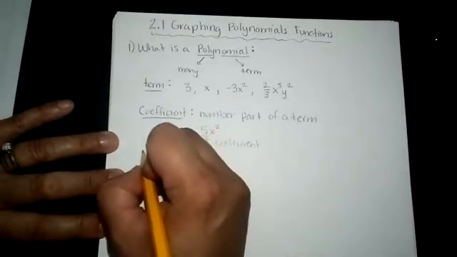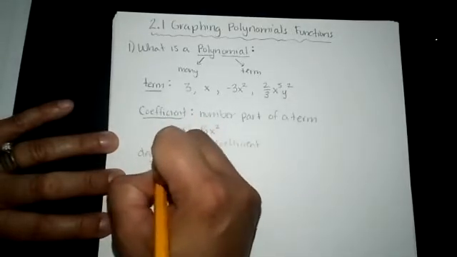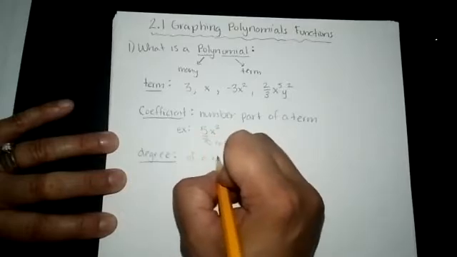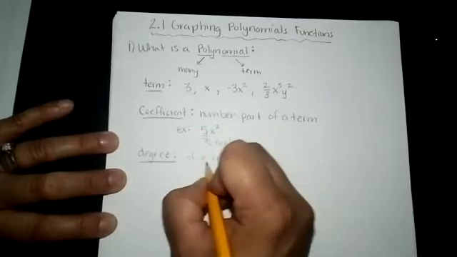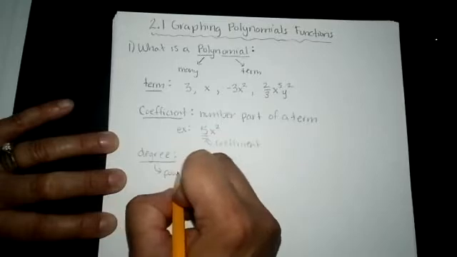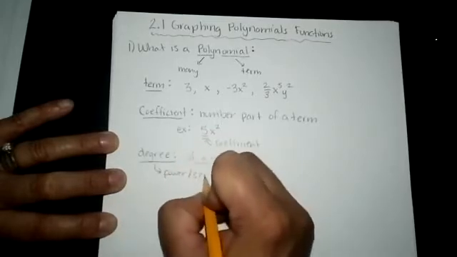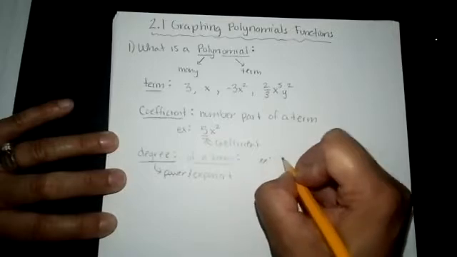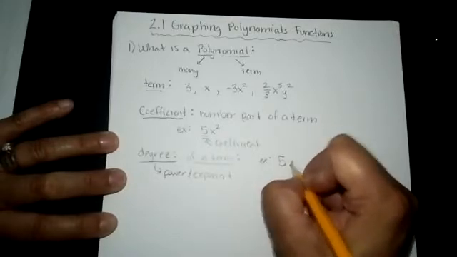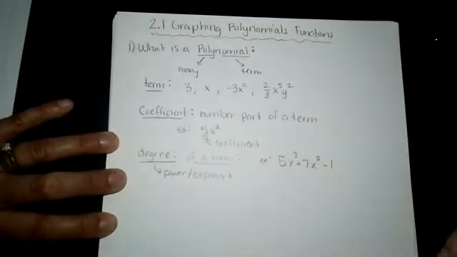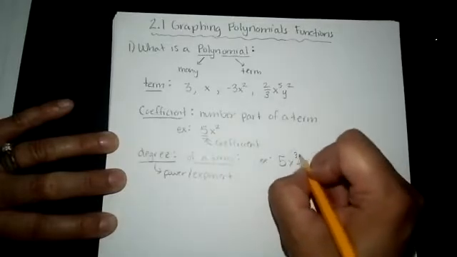A degree of a term is the power or the exponent. So for example, if I gave you 5x cubed plus 7x squared minus 1, right here the degree is a 3.